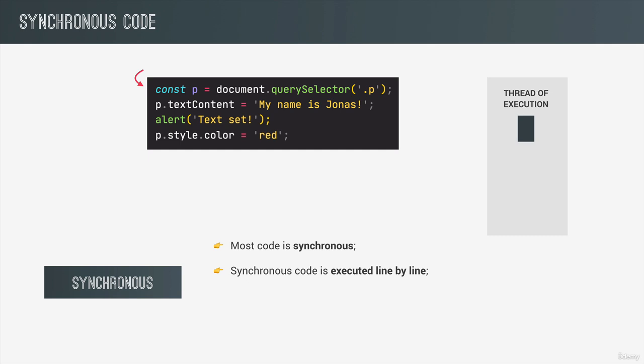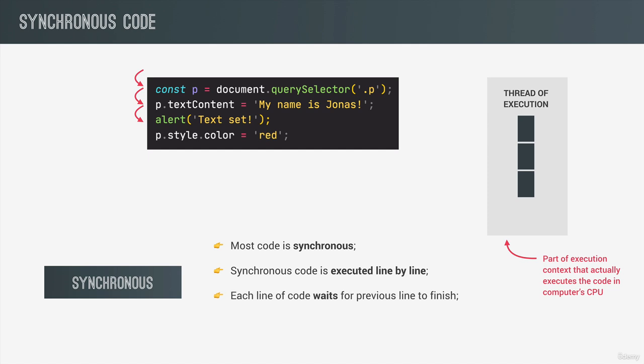All you need to know is that the execution thread is part of the execution context, which does actually execute the code in the computer's processor. But anyway, then the next line of code is executed, and then the next one, all in sequence. So each line of code always waits for the previous line to finish execution.